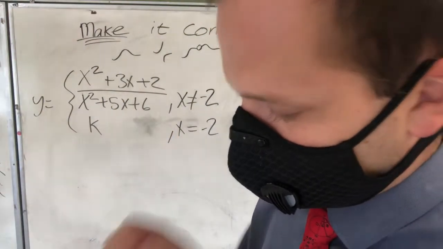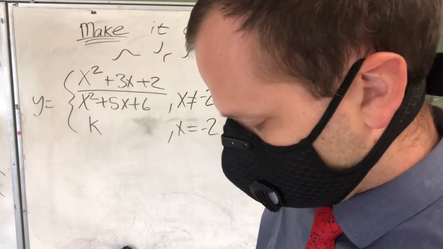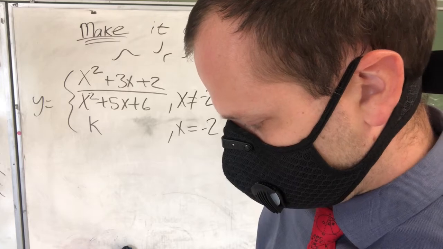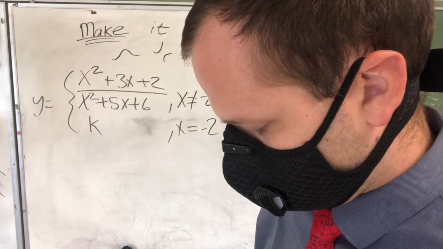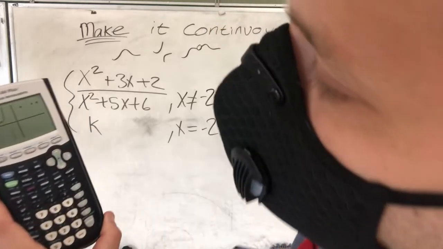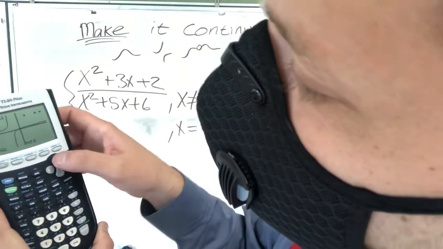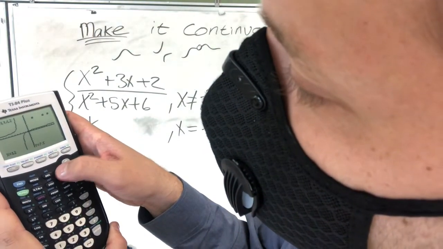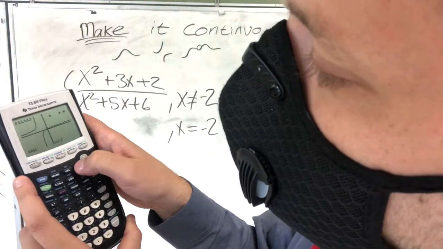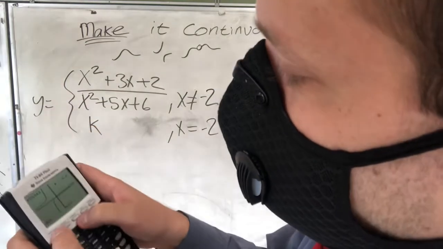I should probably set my window first. There you go. It's going to trace it for me. So it looks like we've got an asymptote. So if I follow my trace button over, hold on, let me turn off my plots.